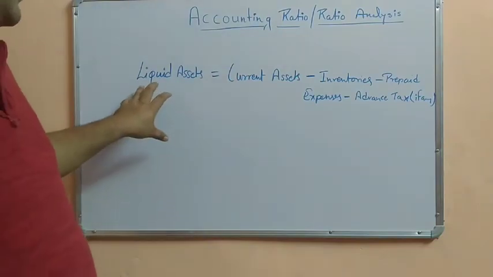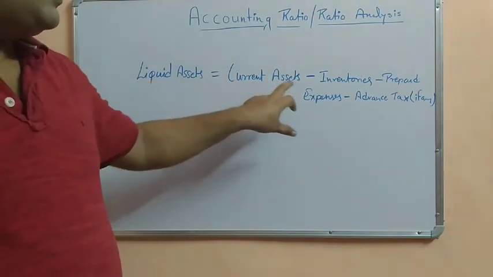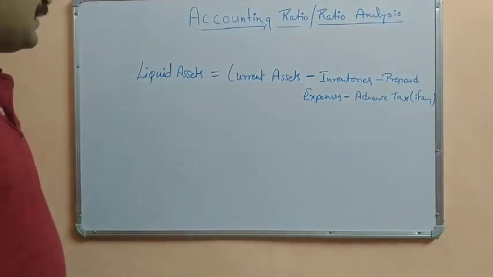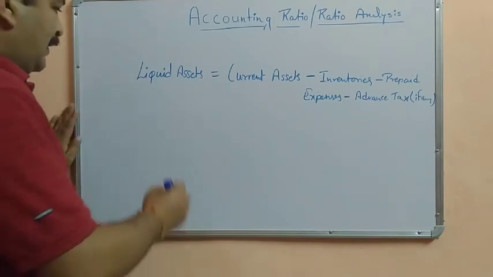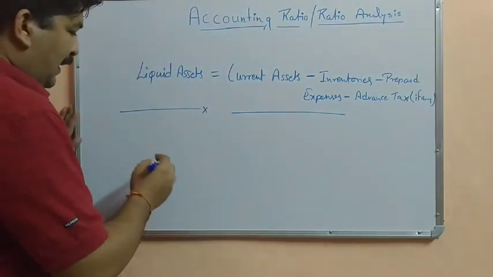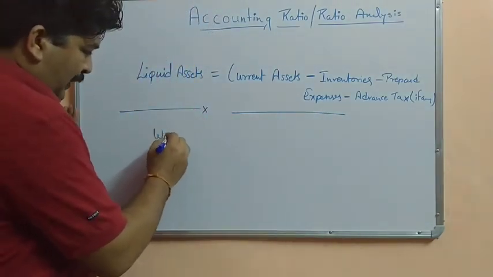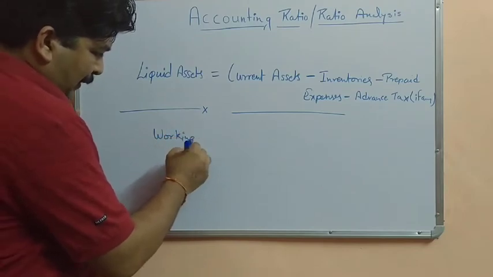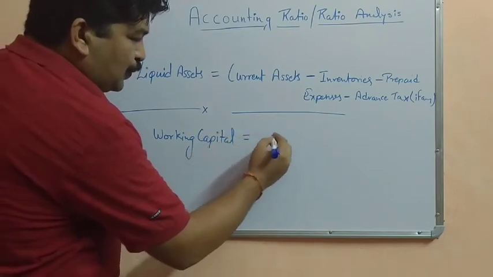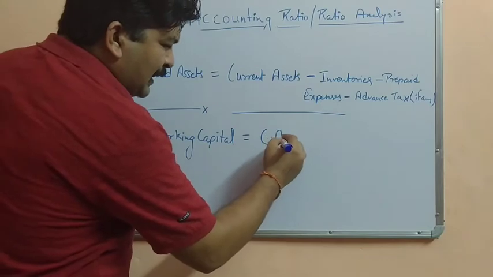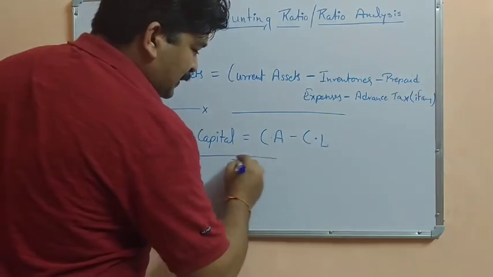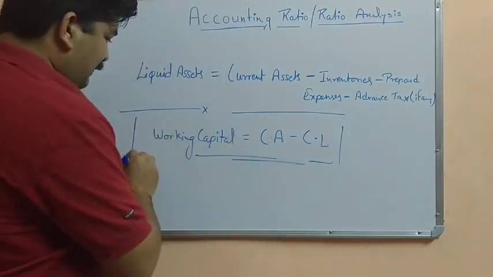So to get liquid asset from current asset, we subtract inventory, prepaid expenses and advance tax. Then one more thing we have to understand: the relationship between current asset and current liabilities. Working capital equals current asset minus current liability. We have to keep this in mind.